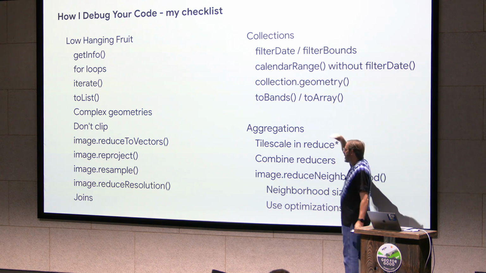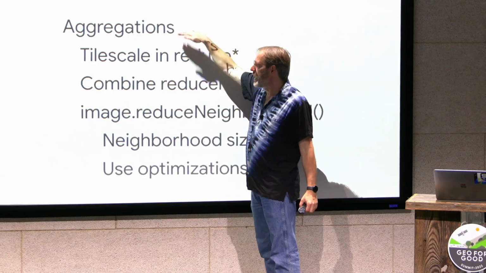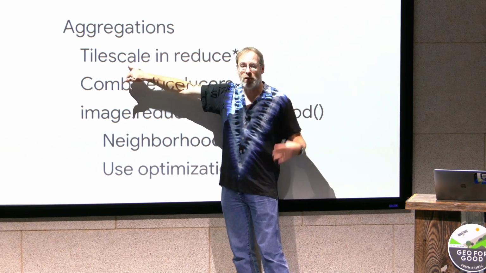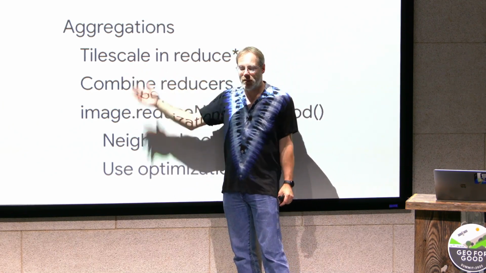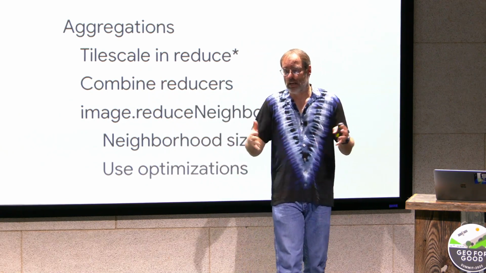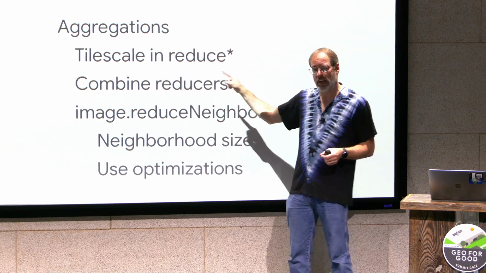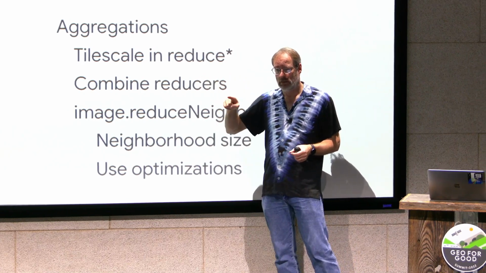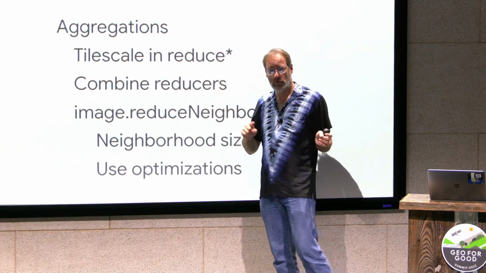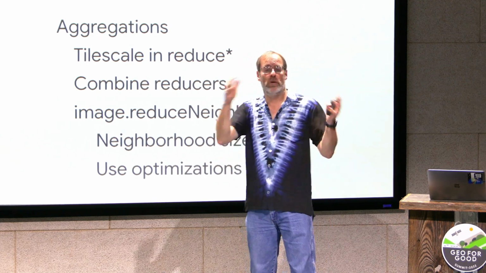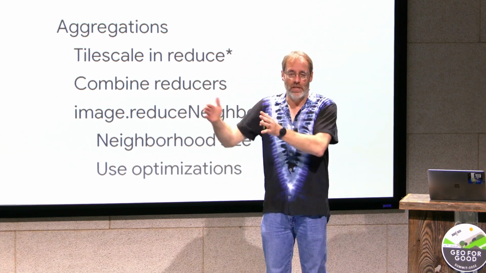If you're running out of memory during an aggregation, there's a lot of places you can use tile scale. So add the tile scale parameter to try to make it use smaller and smaller tiles. Do people know what tile scale does? When we do something like a reduce region, everything happens in tiles.